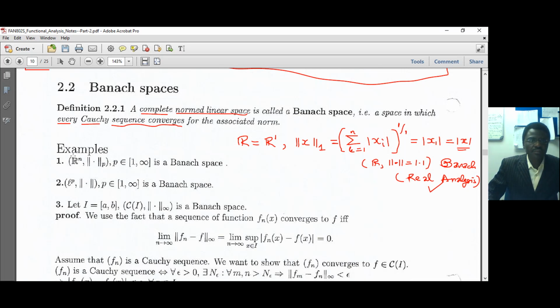Now, as homework, I encourage you to do this with Rn. Instead of stopping there, just use n components. You can still keep the 1 norm. You can even move to an arbitrary p, with 1 over p. You can take the 2 norm with 2 here, but in Rn.